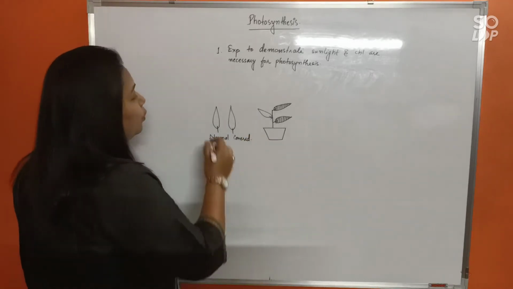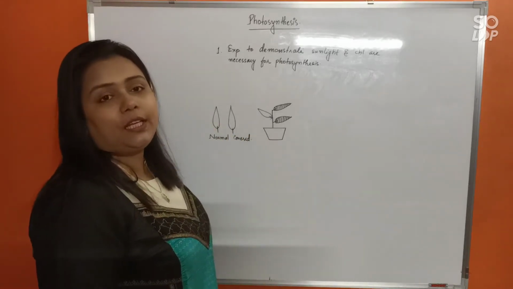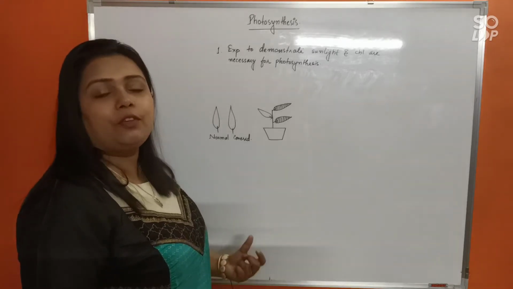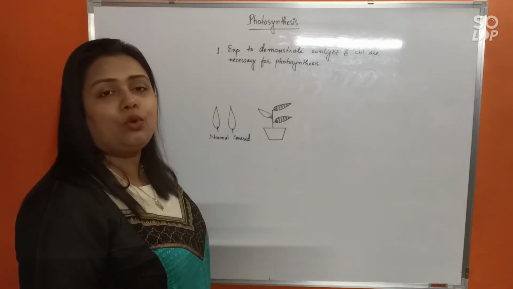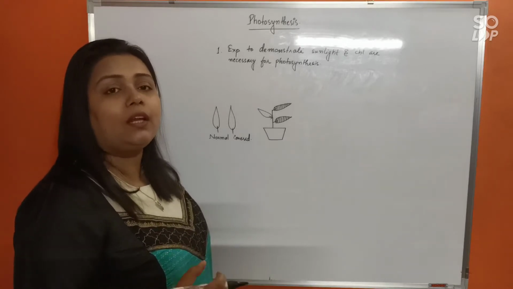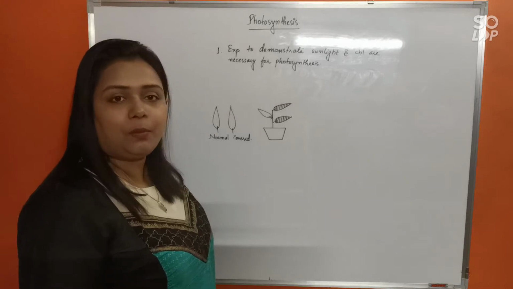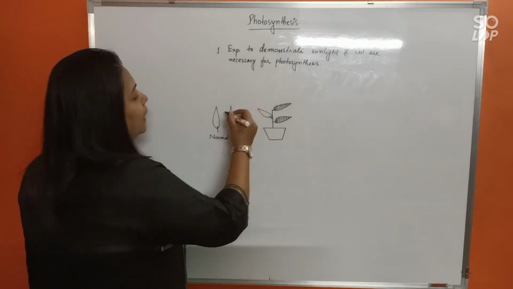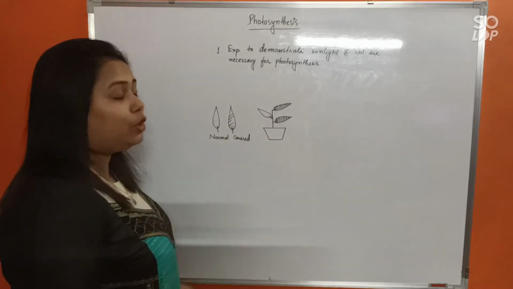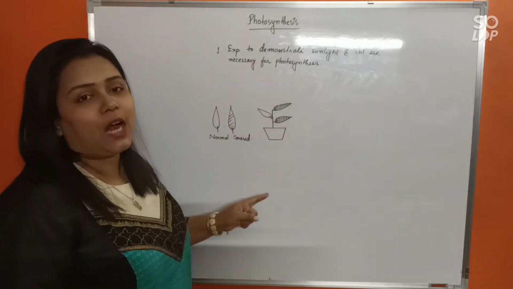Okay, so we will allow both leaves to undergo the starch test, that means putting a few drops of iodine solution. You know very well, if iodine comes in contact with starch, it will undergo a color change. Bluish black color will be produced. So we will see that the leaf that was covered would not give a positive starch test.